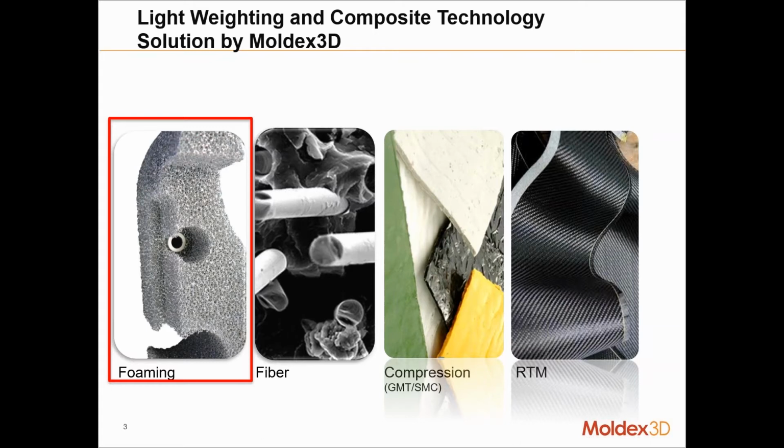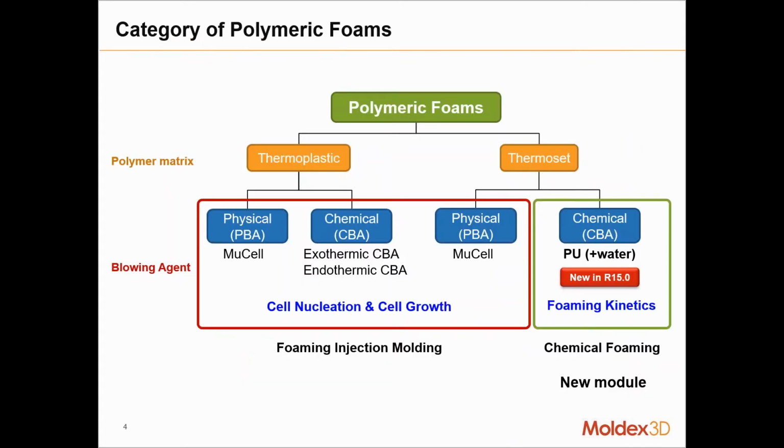So when you talk about foaming, it can be divided into multiple different types. So you have thermoplastic materials or your resin matrix, you have thermoset materials, and depending on the kind of blowing agent you have or the process you have, there are multiple different categories for foaming.